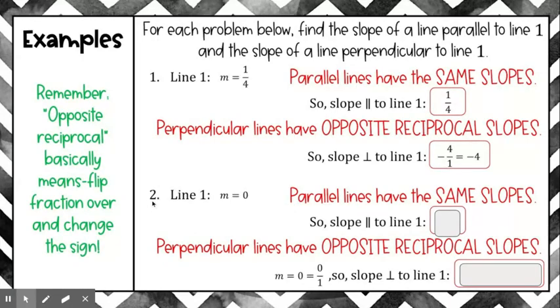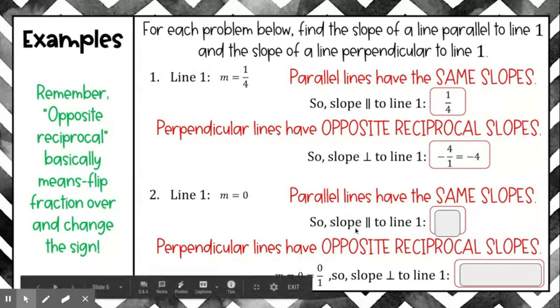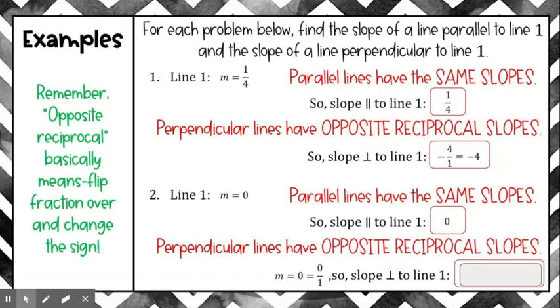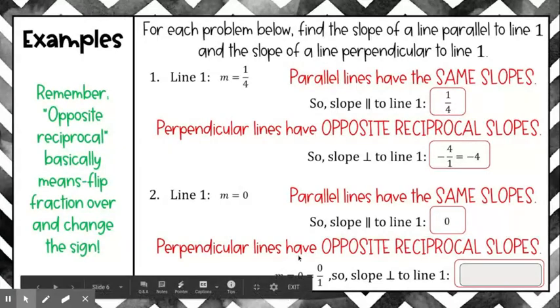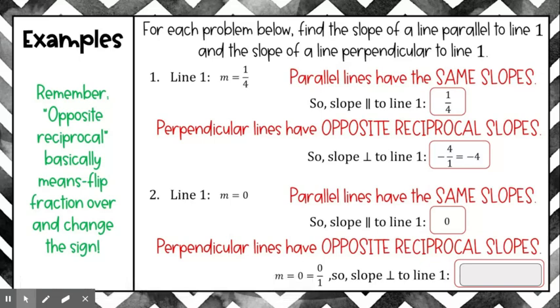Number 2 says line 1 has a slope of 0. Well, parallel lines have the same slope, so the slope that's parallel to line 1 is going to be 0. And then perpendicular lines have opposite reciprocal slopes. If we have slope equal to 0, that's like saying 0/1.